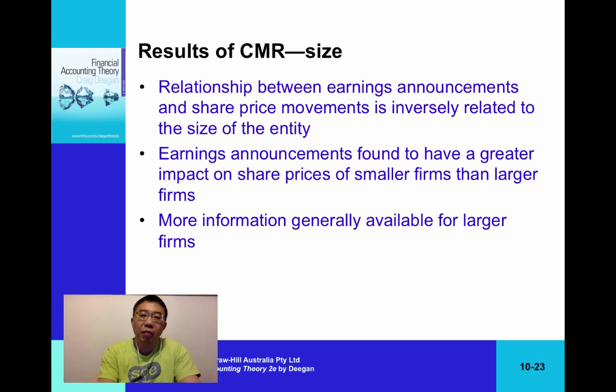But if you are a smaller firm and there's not much information outside in the market on your firm, then when you release your accounting earnings results in your financial statements, it will have a greater impact on the share prices of the firm. So therefore, the relationship between earnings announcement and share price movements is inversely related to the size of the entity. The larger the entity, the less the relationship between earnings announcement and share prices.